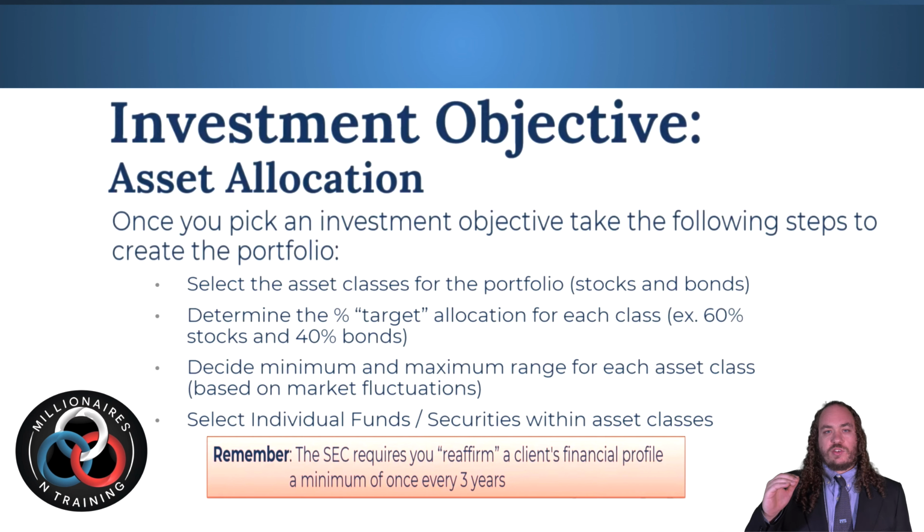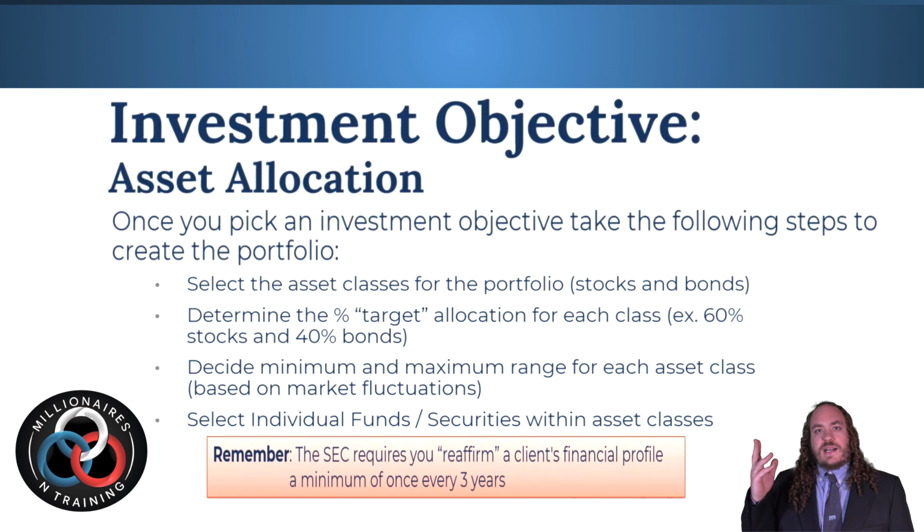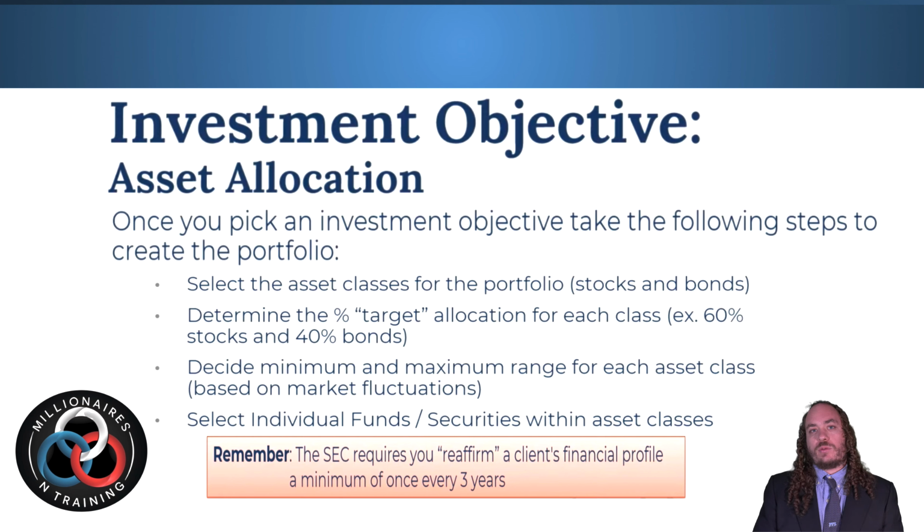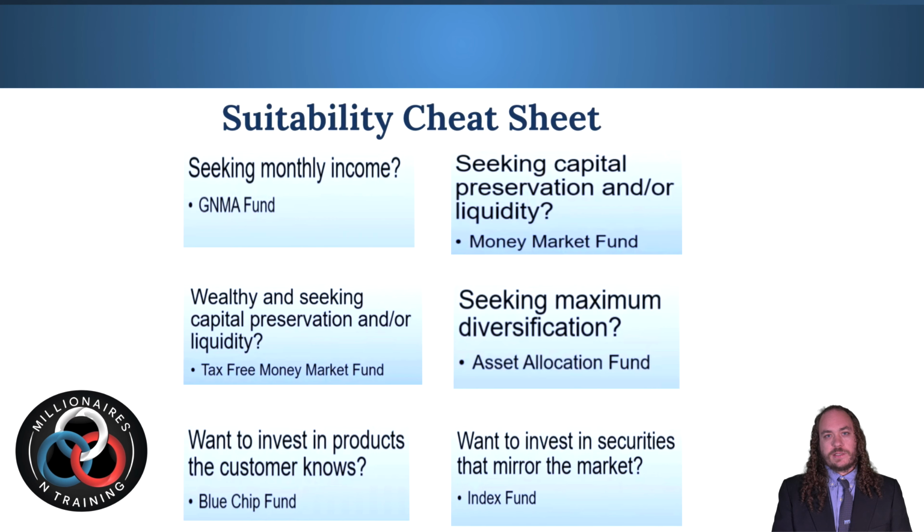So use the client's age as a gauge for the percentage of the debt portion they should hold in their portfolio. Decide minimum and maximum ranges for each asset class based on market fluctuations, and select individual funds or securities within those asset classes.